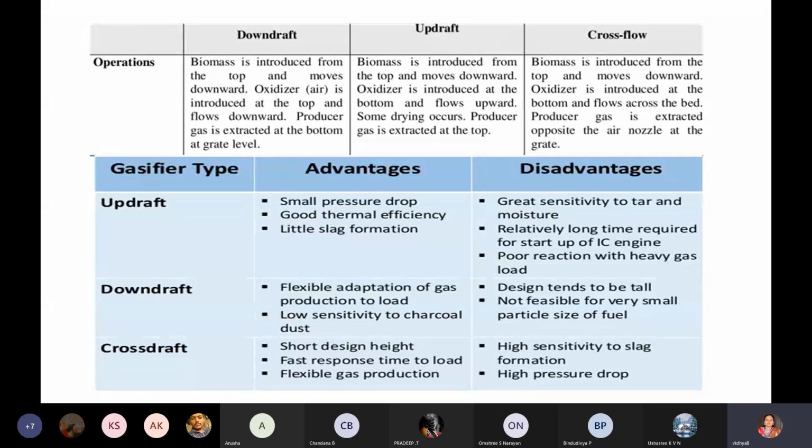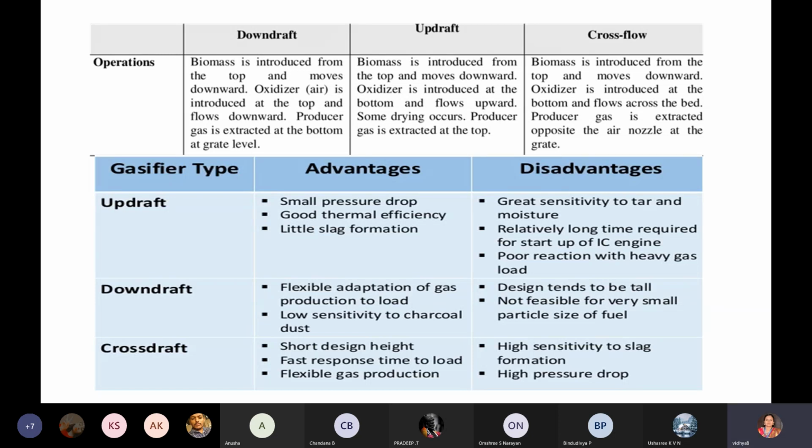What about downdraft? It has flexible adaptation of gas production to load and low sensitivity to charcoal dust. What are the disadvantages here? The design tends to be tall and is not feasible for very small particle size of fuel.